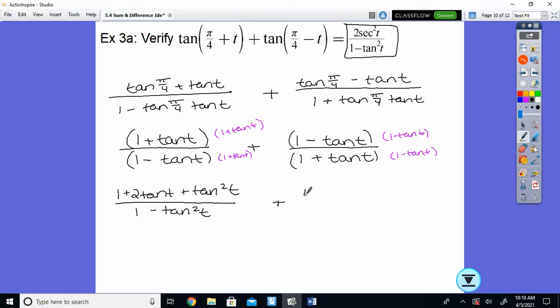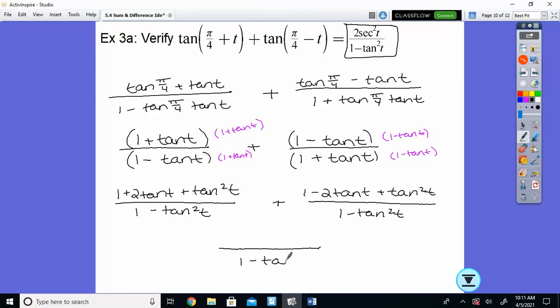For here I get 1 minus 2 tangent of t plus tangent squared t, over 1 minus tangent squared t. Right, we are getting close. The denominators match, so we can put these together.